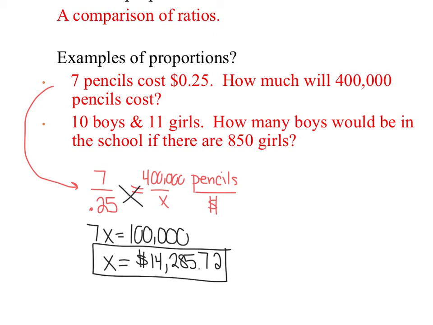Okay, next one. So here we have boys and girls. And I usually like to, if the problem mentions boys then girls, that's how I set up my proportion also. So 10 boys to 11 girls. How many boys would be in the school if there were 850 girls? So that's going to go in the denominator. Now, sometimes you have to be careful because it'll say how many total students there are for the second part, in which case your first denominator, you'd have to find the total of your little sample that you're looking at.